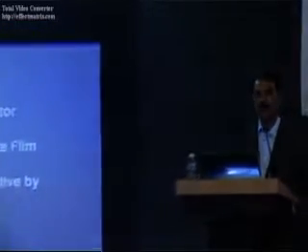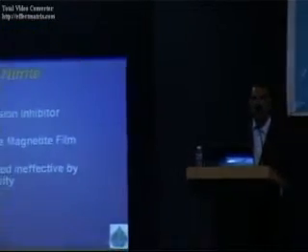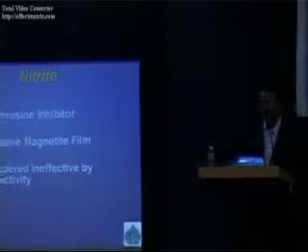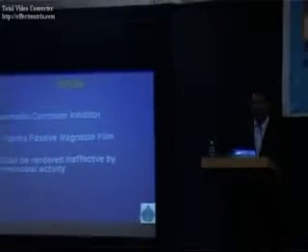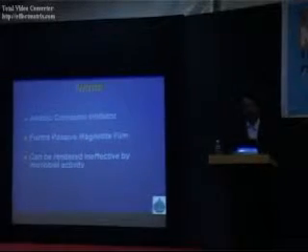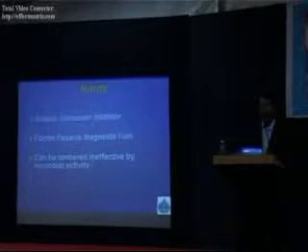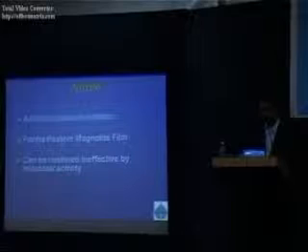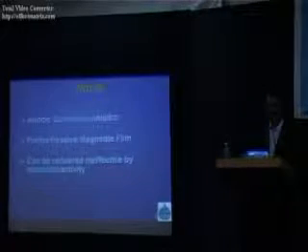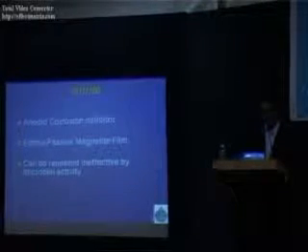Nitrite is very widely used and it is basically an anodic corrosion inhibitor. It forms a passive magnetite film on the metal surface and thereby protects it from corrosion. But there is a major problem with nitrite. It can be rendered ineffective if it is converted into nitrate by microbiological activity. So one has to control microbiological activity also.